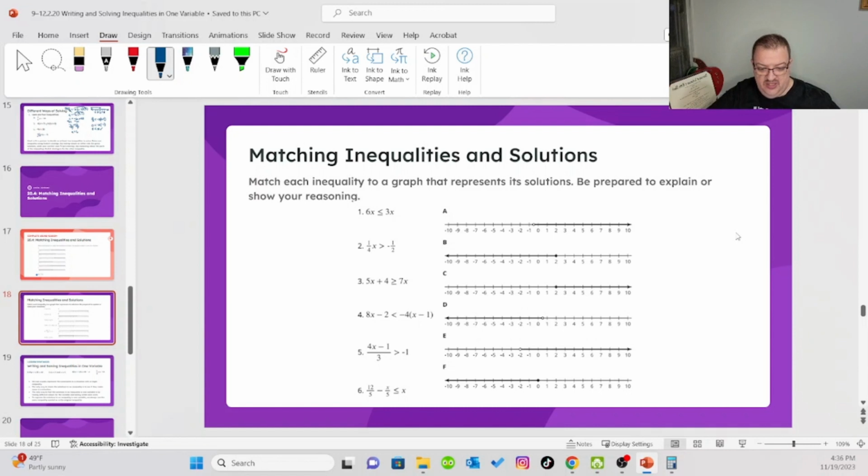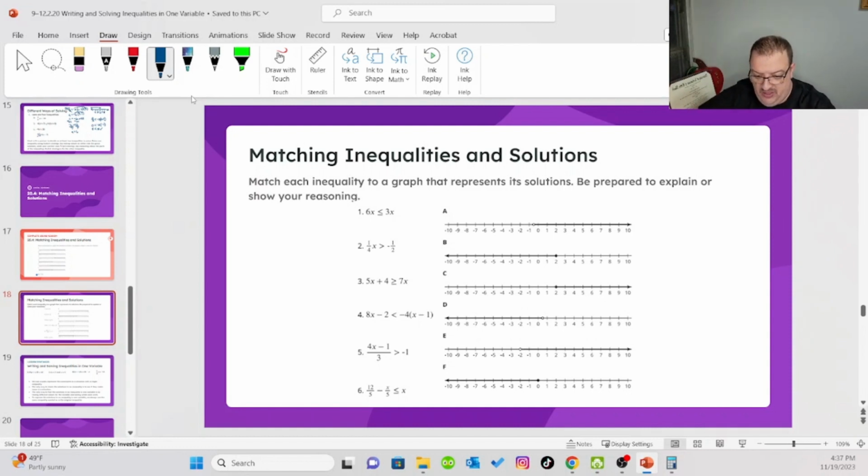So we can see that we have some with hollow circles such as A, D, or E, and we have some with solid circles such as B, C, and F. And the difference is going to be whether this symbol is equal to or not equal to. If it's or equal to, then we're going to be using one of the solid graphs. And if it is not or equal to, then we're going to be using one of the hollow graphs.